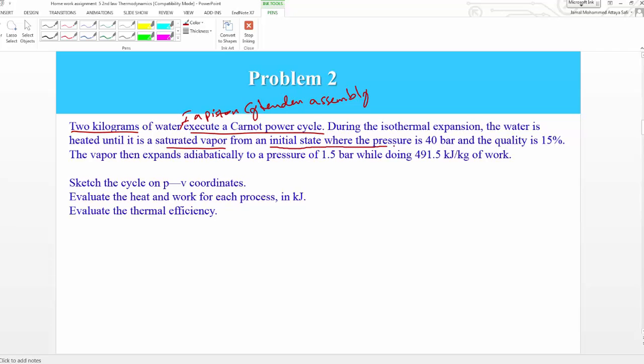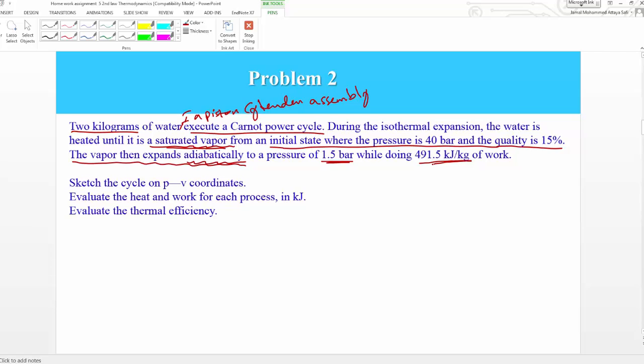So this is my state 1 in the Carnot cycle, and I go from this state 1, add heat until all the liquid is converted into saturated vapor, and then when I come to saturated vapor, the expansion still continues, so I still expand, but this time adiabatically and not isothermally, down to a pressure of 1.5 bar while doing the work, which is 491.5 kilojoule per kilogram.